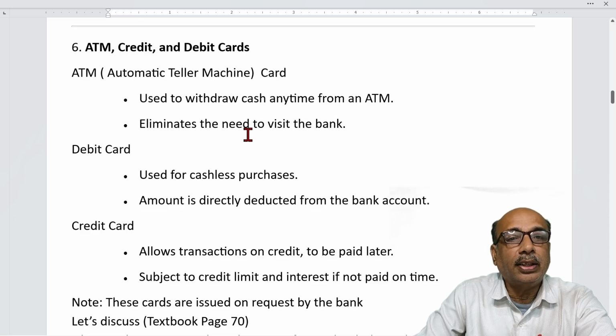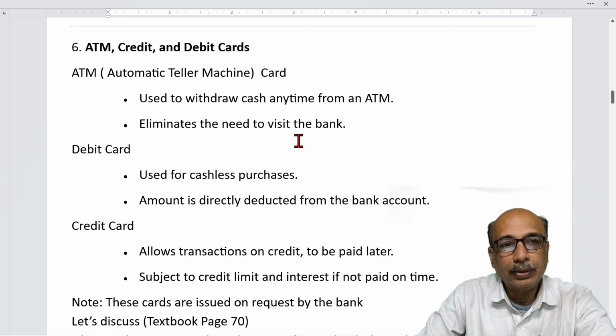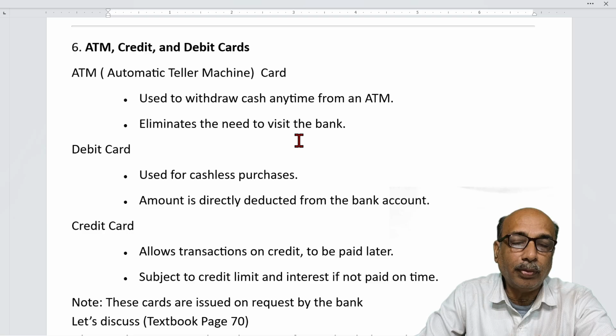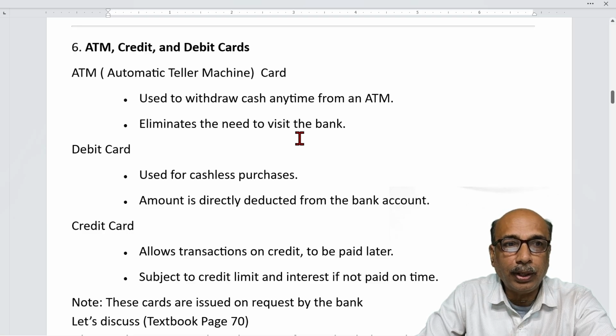Eliminates the need to visit the bank. Nowadays, you might have seen that there is no need to go to the bank. In the late evening or late night, if you want money, you go to an ATM, make use of your ATM card and withdraw the amount or deposit the amount also.